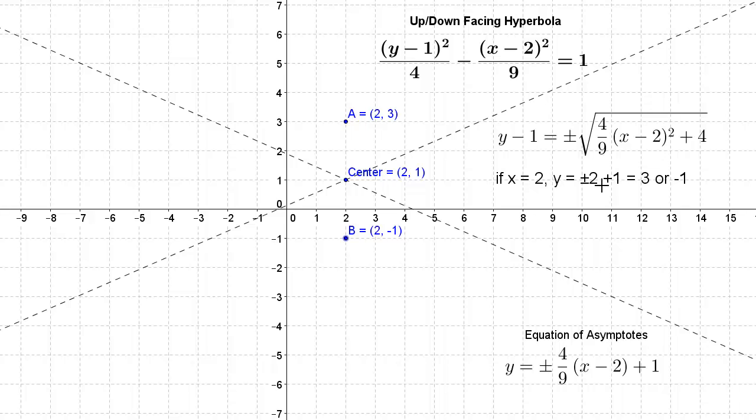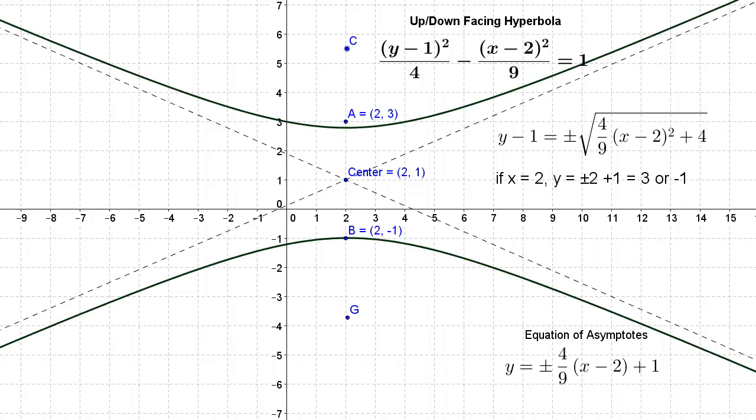So we wind up with the points 2, 3 and 2, negative 1 by putting in that value for x. And we know those points are on the hyperbola, and they're both up and down facing, so now we can sketch what it looks like. So we get something that looks like this, an upward and downward facing hyperbola.